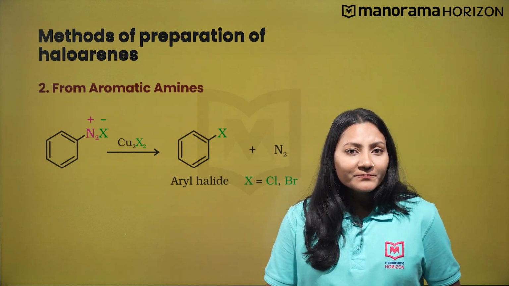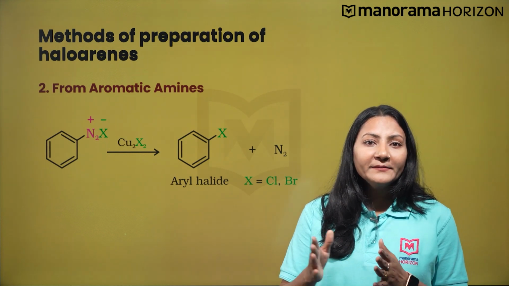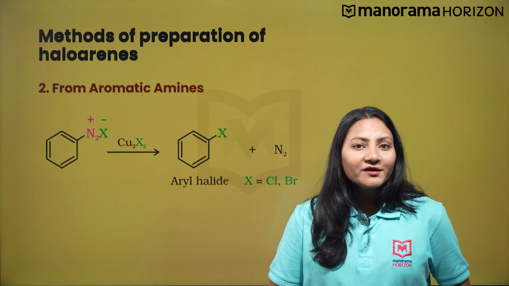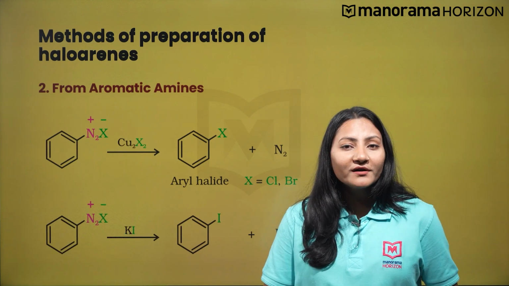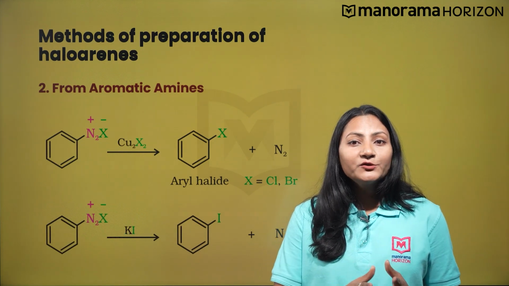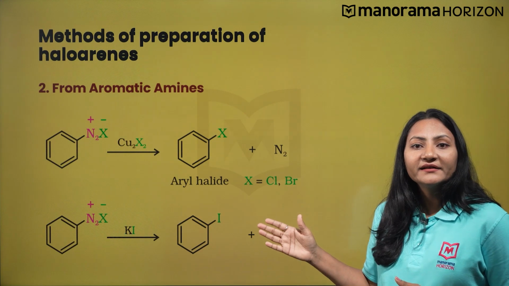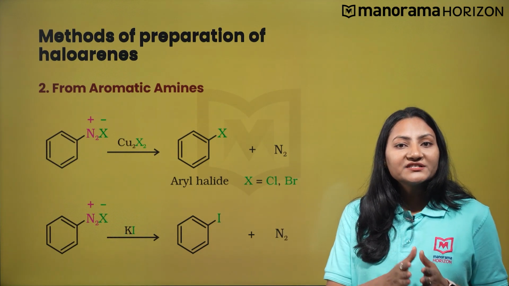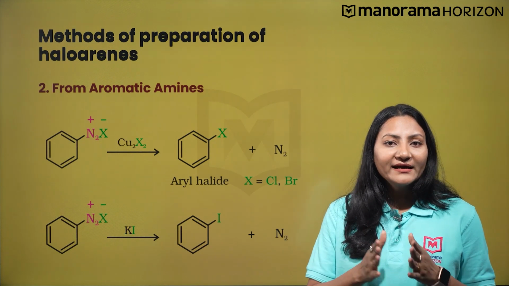In this reaction, the diazonium group will be replaced by chlorine or bromine. For the replacement of the diazonium group with iodine, we do not need a cuprous halide. We simply need to shake the diazonium salt with potassium iodide to obtain the aryl halides.